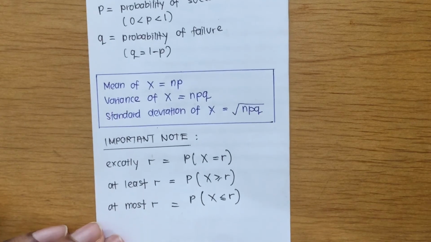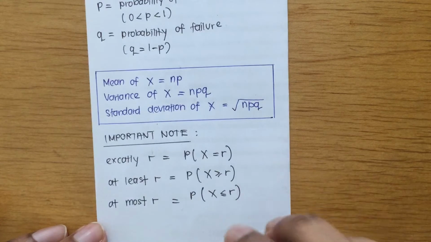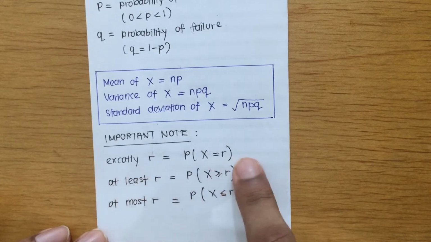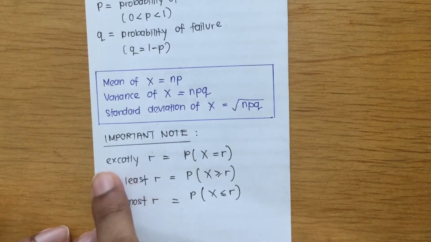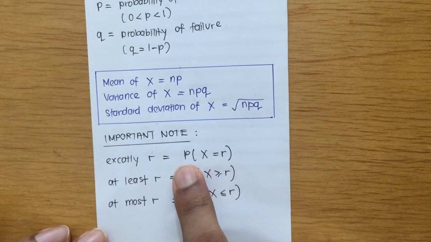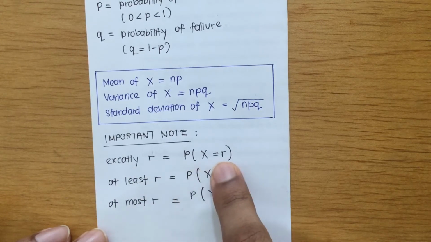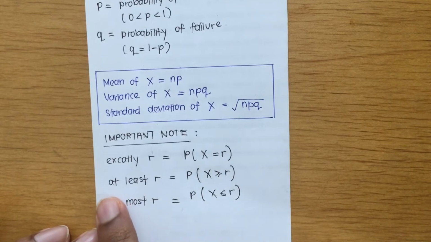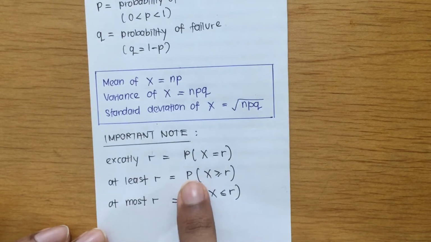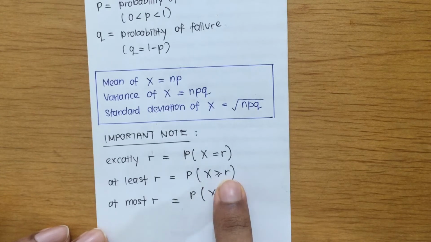These are some of the important notes which I personally wrote over here. When you look at the question, make sure you look at the key points. When the question mentions exactly r, you write P(X = r). If it says at least r, you write P(X ≥ r).